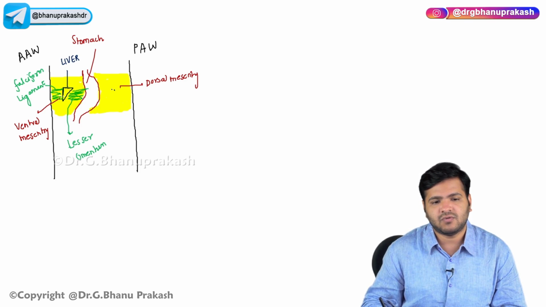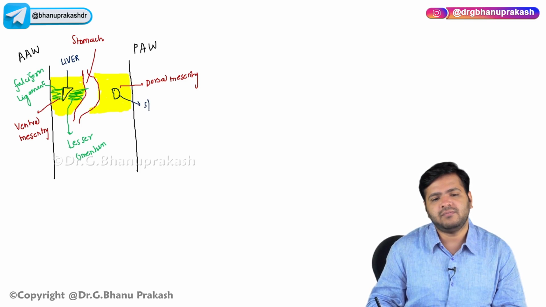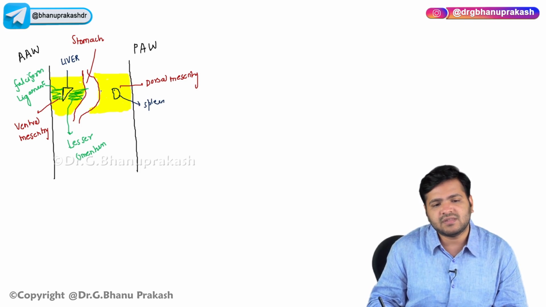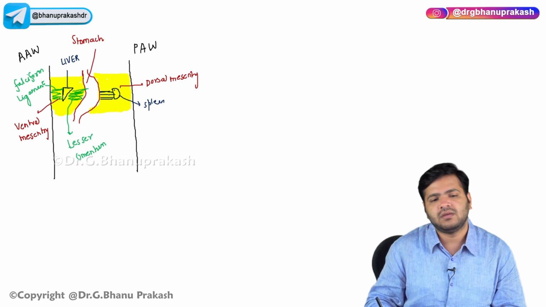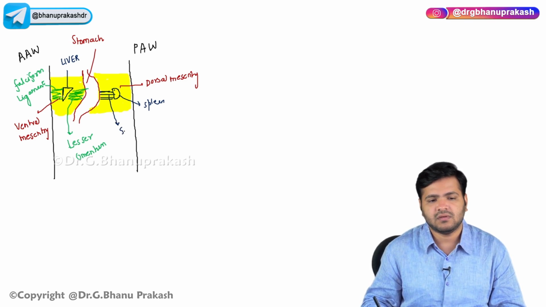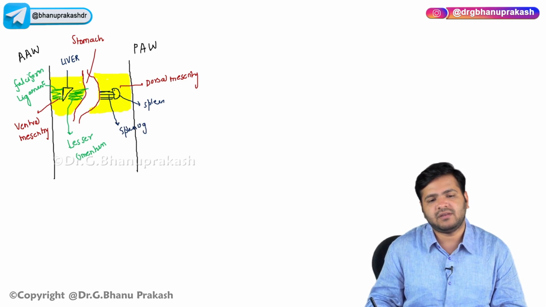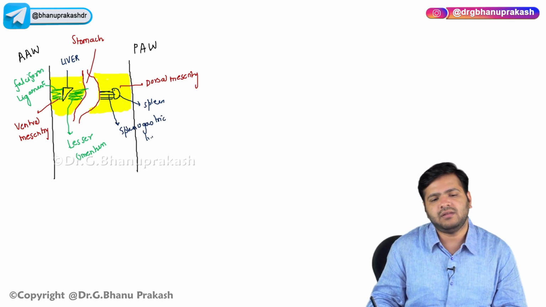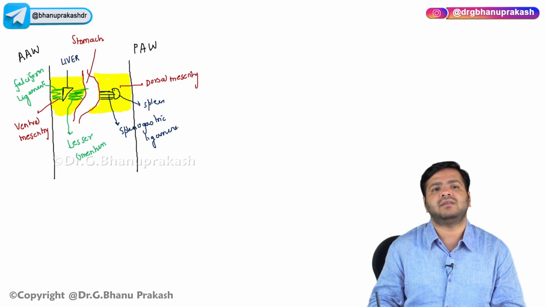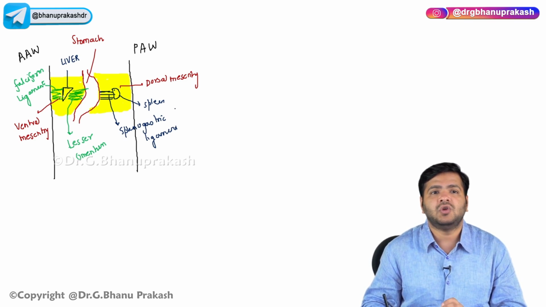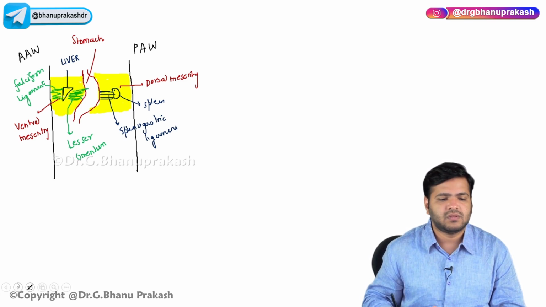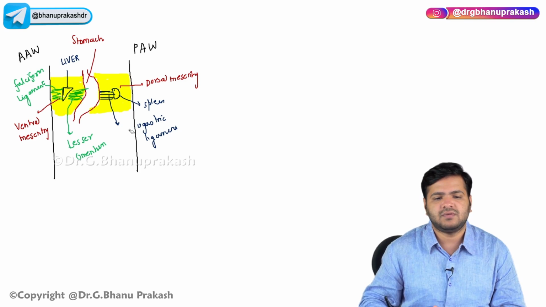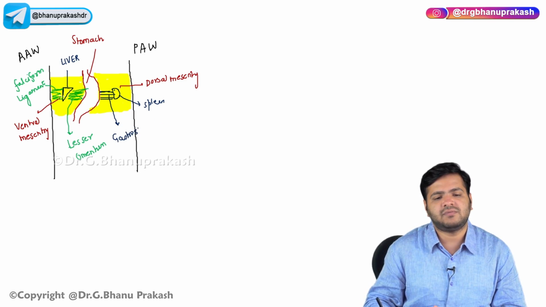Let us suppose this is the spleen, and the mesentery which is connecting the spleen to the greater curvature of the stomach is called the splenogastric ligament. It is also called the gastrosplenic ligament.